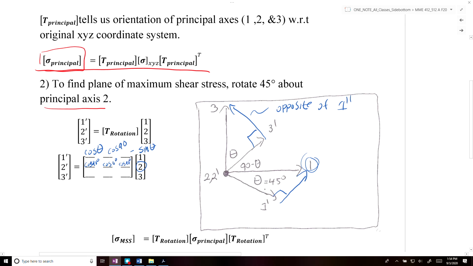Then if we repeat this process for the projections onto the 3' axis from vectors 1, 2, and 3, we'd get the sine of 45 degrees for the first column, again cosine of 90 degrees for the second column, and in the last column the cosine of 45 degrees.